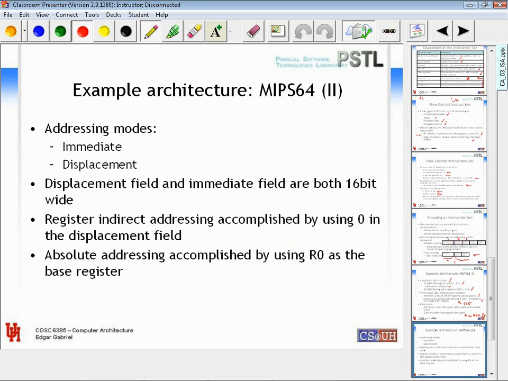Addressing modes supported by MIPS64 are the immediate and displacement modes, in addition to the register addressing. The displacement field and the immediate field are both defined to be 16-bit wide, which basically limits the constant that you can add in any of those addressing modes. The register indirect addressing is accomplished by using the special register R0, since we know that it always contains 0.